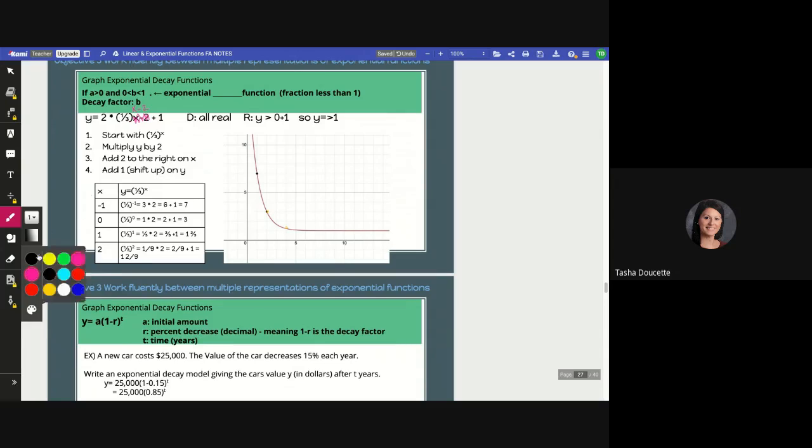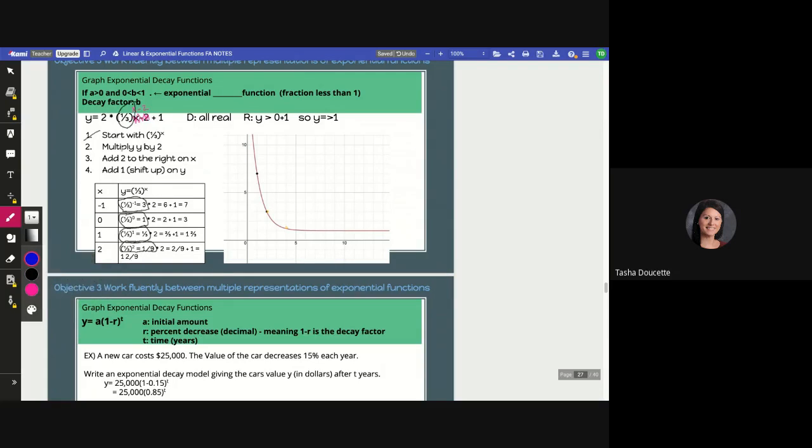So we start with our parent function, which is 1/3 to the x power, and we're plugging those x values in to get the answers of 3, 1, 1/3, and 1/9. Next, so that was done. You start with the parent function.